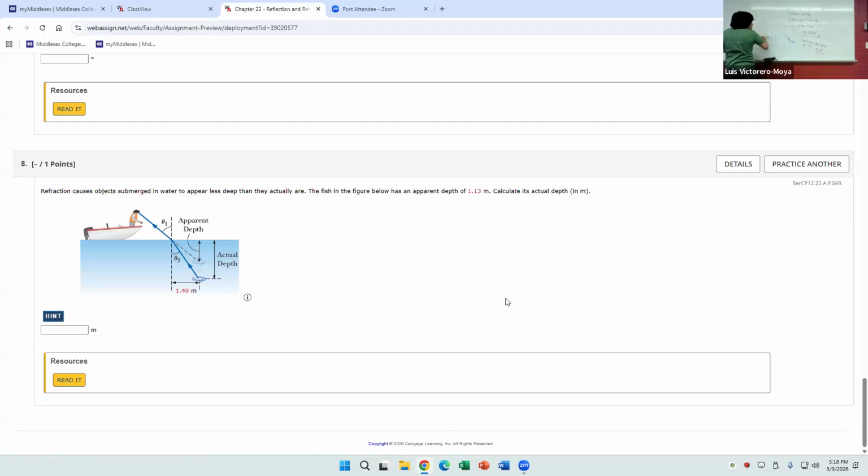So we're going to redraw that here. And the way you guys are going to do this is you have the water, I'm going to draw it like this. And you have the normal. They give you all that in the problem. And you have the fish.